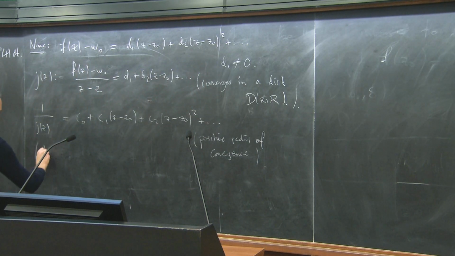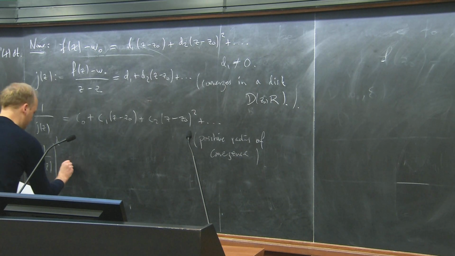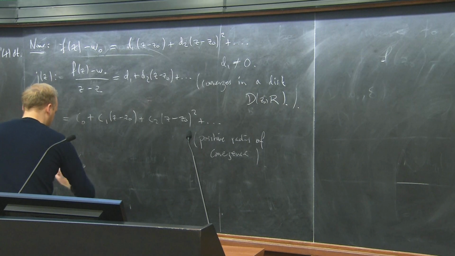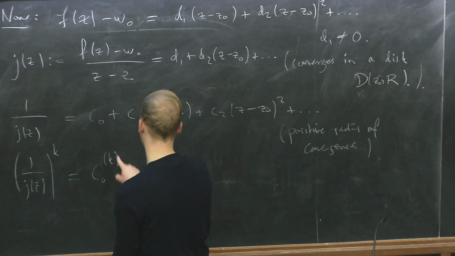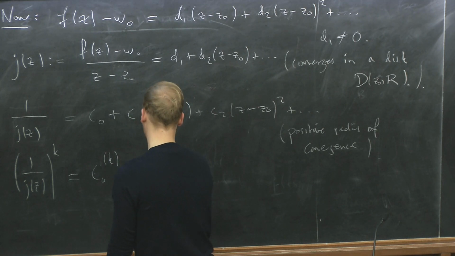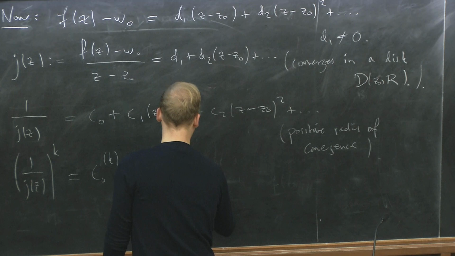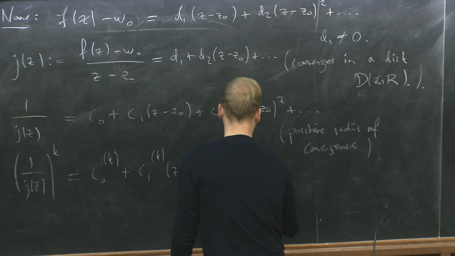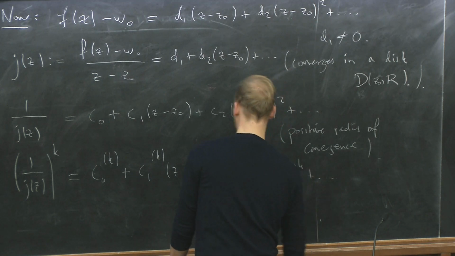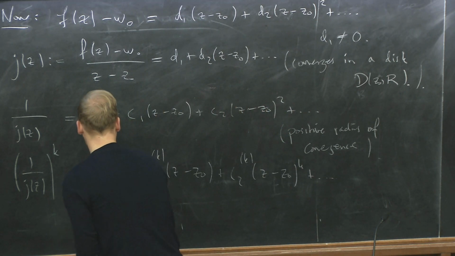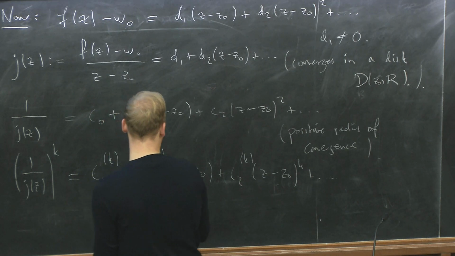And this means that if I look at 1 over j of z, this one has some power series expansion. And more generally, I can look at 1 over j to the power k. And then I will say that this one has coefficients that I denote like this, C0, and then with an index k within parentheses, C2 of k, z minus z0, and so on.